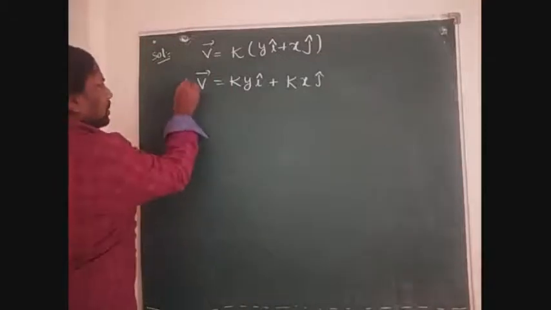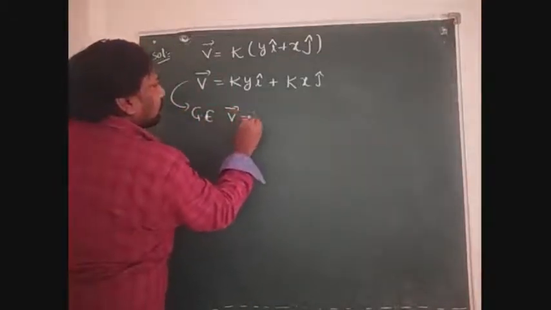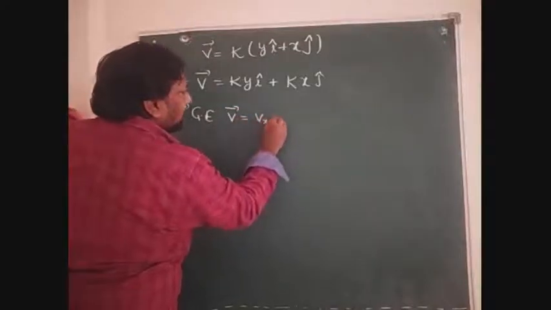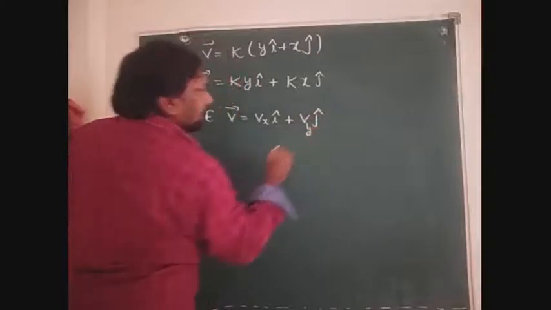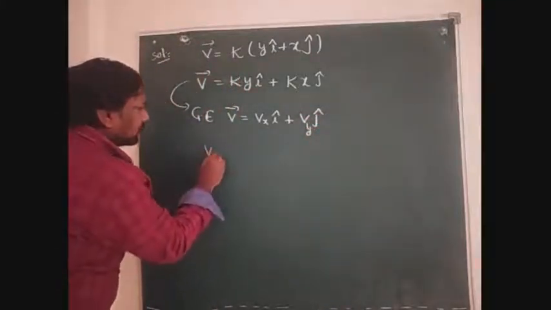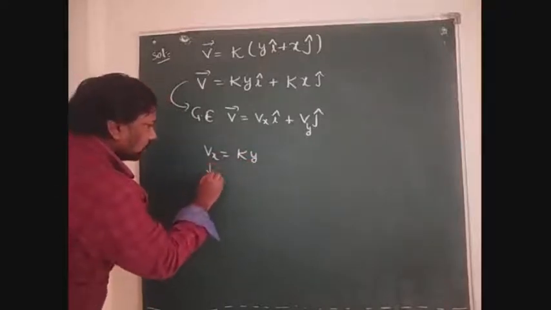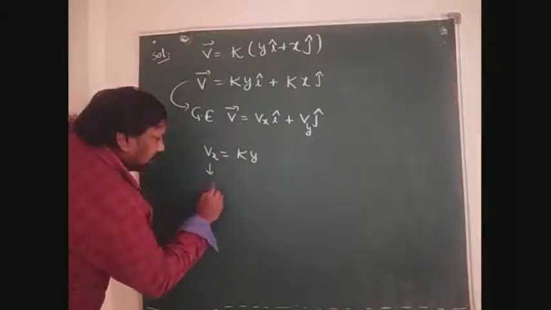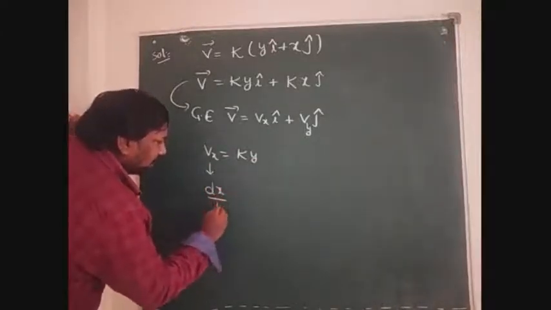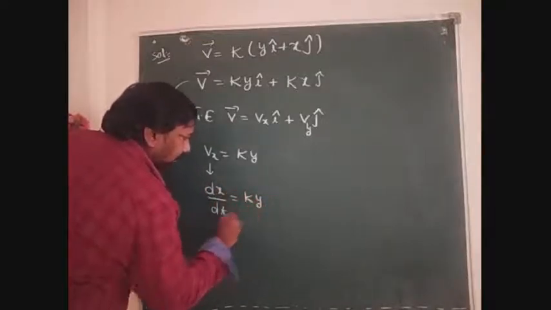Now this equation is comparable to the general equation v bar equal to vx i cap plus vy j cap. So here vx equal to ky. In this situation, velocity is the rate of change of displacement, that means dx by dt equal to k into y.